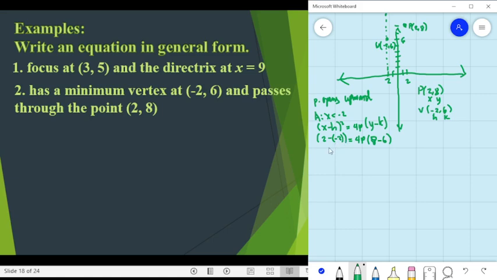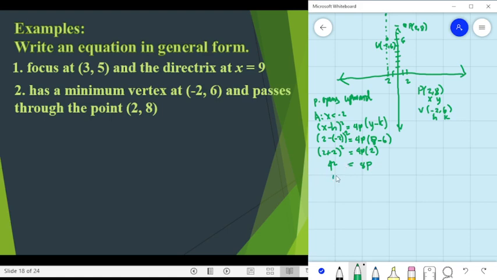When we simplify the left side, 2 minus -2 is 2 plus 2, which is 4, and 4 squared is 16, then 4p times 8 minus 6, which is 2, is 8p.